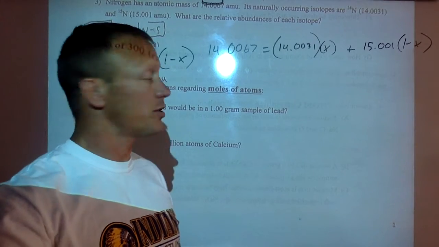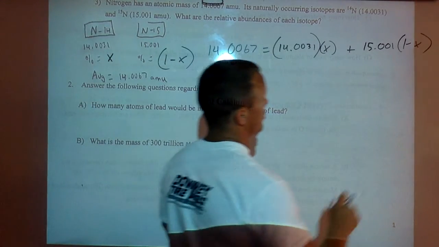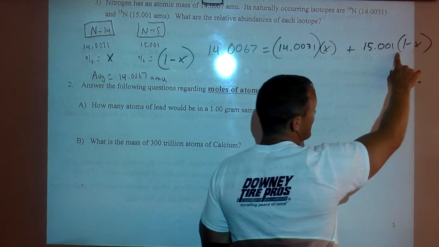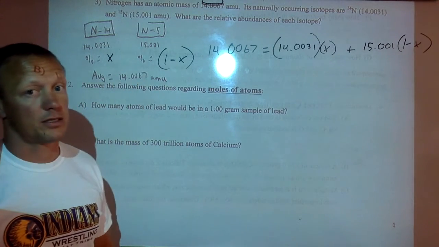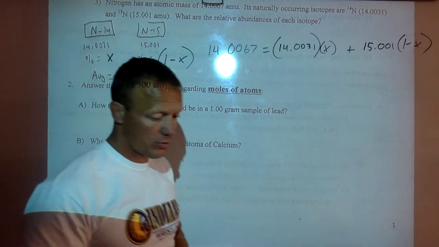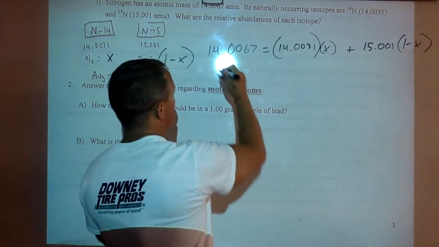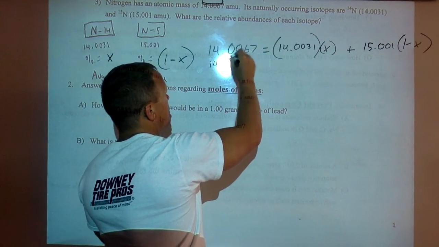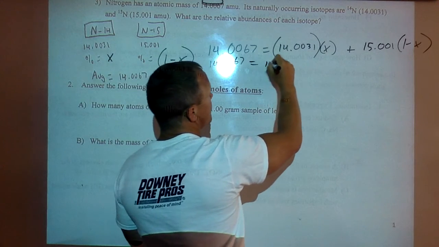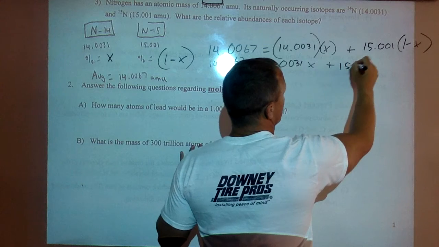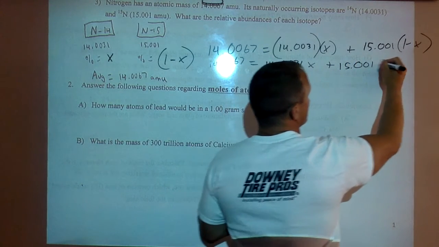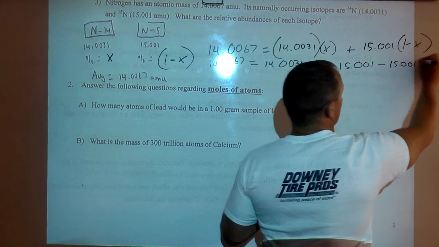You do have to distribute through here. So I've got to distribute the 15.001 through those parentheses. So when I do this, I would end up with 14.0067 equals 14.0031x plus 15.001 minus 15.001x.